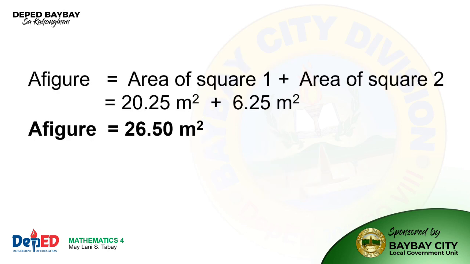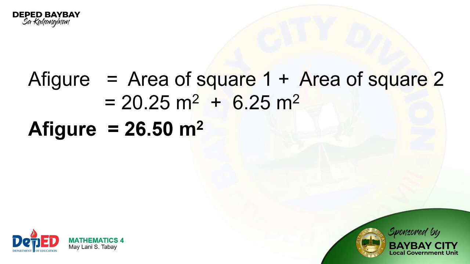Area of figure equals area of square 1 plus area of square 2 equals 20.25 meters squared plus 6.25 meters squared. Area of figure is equal to 26.50 meters squared.